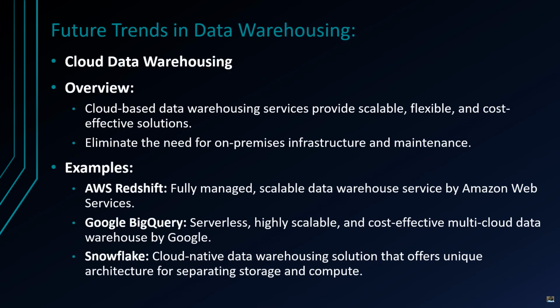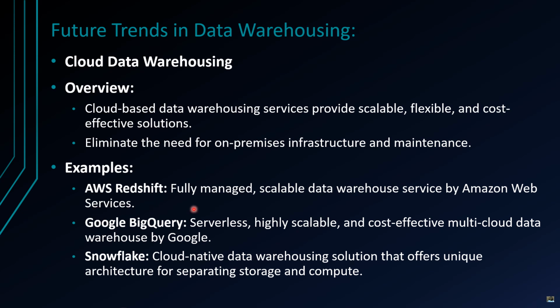The future trends in data warehousing begin with the cloud data warehouse. The overview is that a cloud-based data warehousing service provides scalable, flexible and cost-effective solutions. It eliminates the need for on-premises infrastructure and maintenance. The examples are AWS Redshift, Google BigQuery and Snowflake.